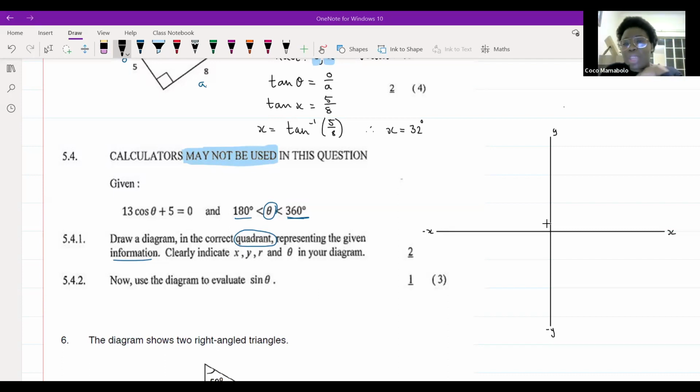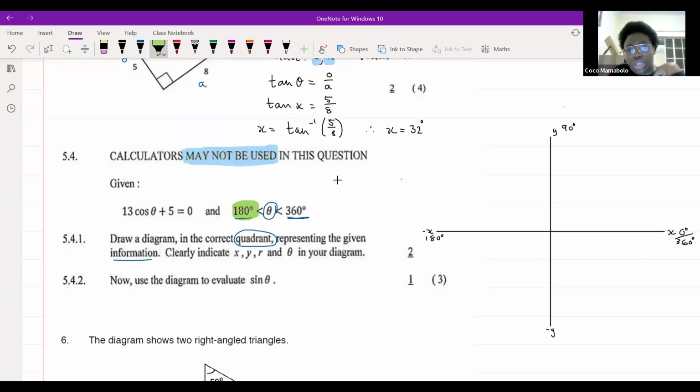But here's something we do know. We know that this is 0 degrees, this is 90 degrees, this is 180 degrees, and 360 degrees is over here. Now, our question says theta lies in between 180 and 360.